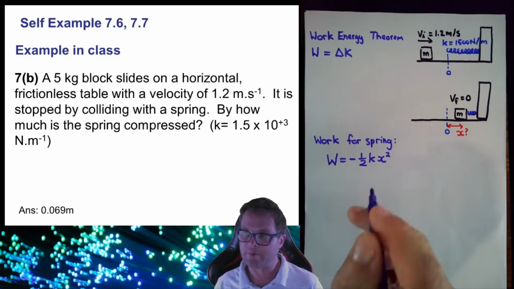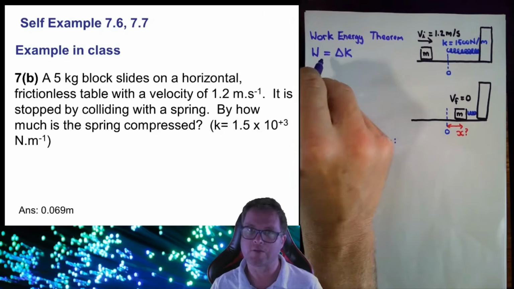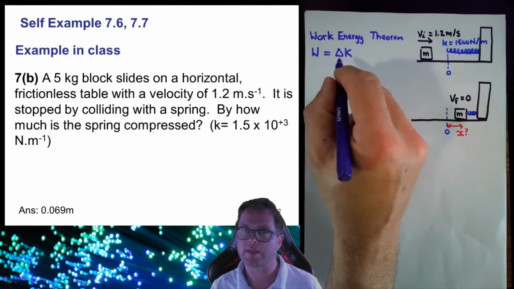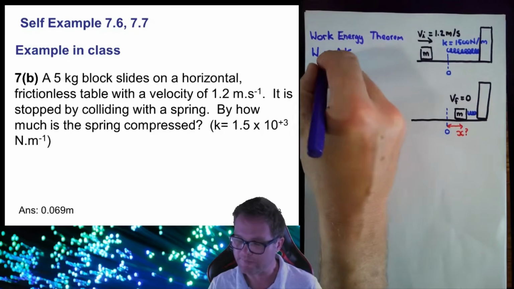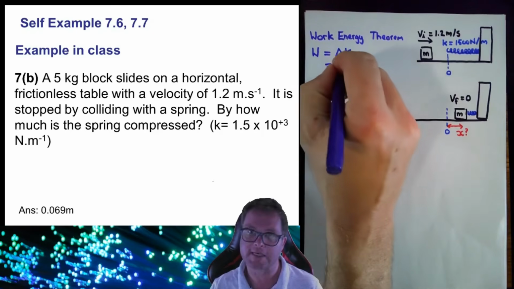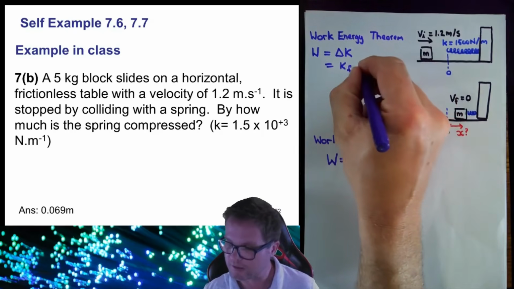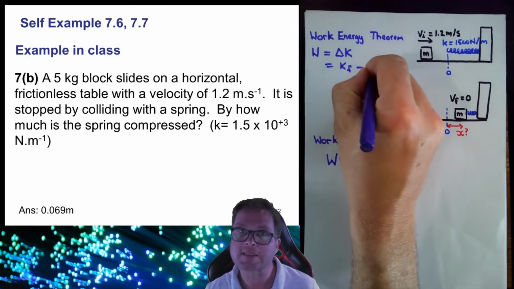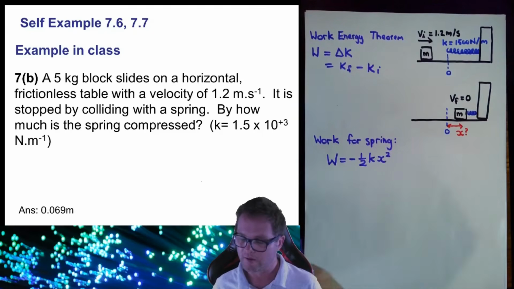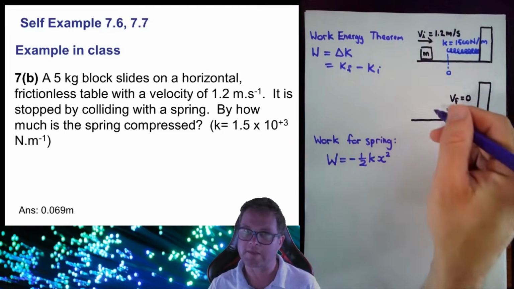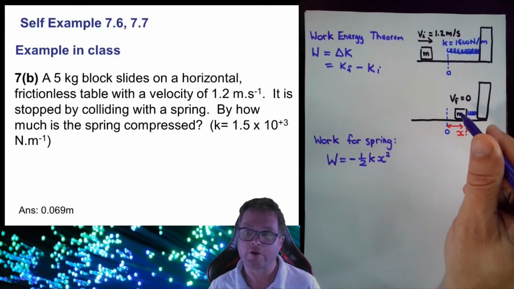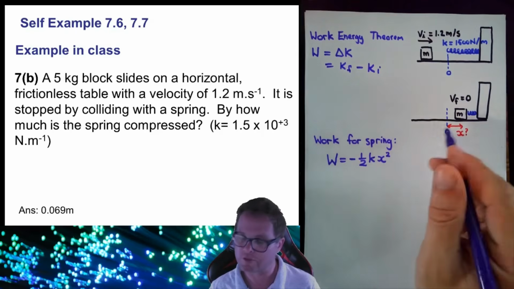So first, applying the work energy theorem, the work done on the spring will be the change in the kinetic energy. So whenever we have a change in kinetic energy, it will be the final kinetic energy minus the initial kinetic energy. If we have a look at the values, the final speed is going to be 0 because the block is going to come to a stop.